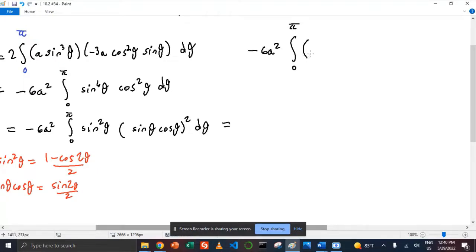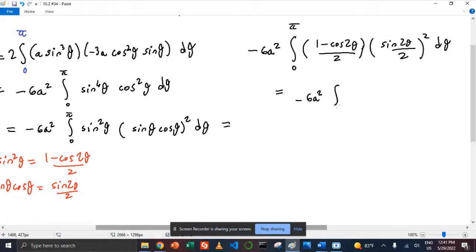We said this was equal to 1 minus cosine 2 theta over 2. And we said sine theta cosine theta was sine 2 theta over 2. And this is squared. So now we can simplify this more.